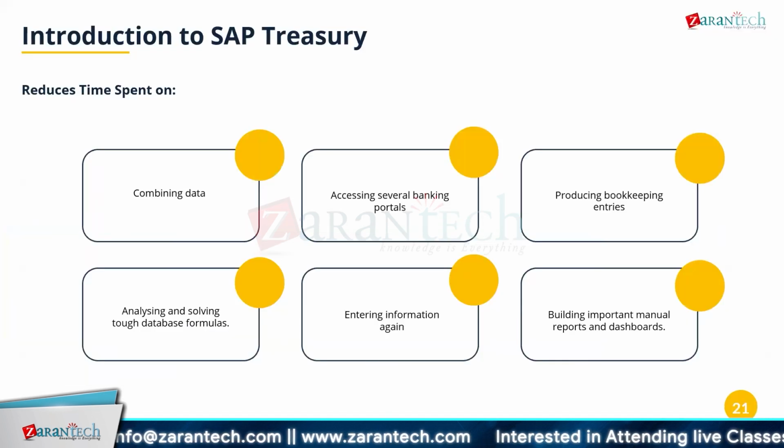So let's talk about some more advantages, right? If we use the treasury module, it reduces the time spent by the treasurers and the treasury department in combining the data and accessing several banking portals. This is kind of interesting because let me share my experience with one of the implementations where we had to train some of the CFOs and controllers who used to always go and approve in the bank portal.